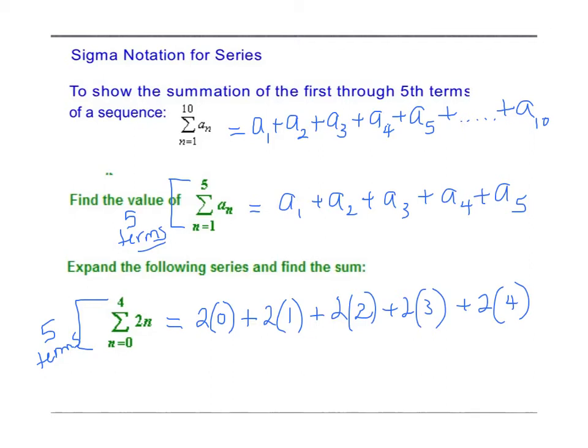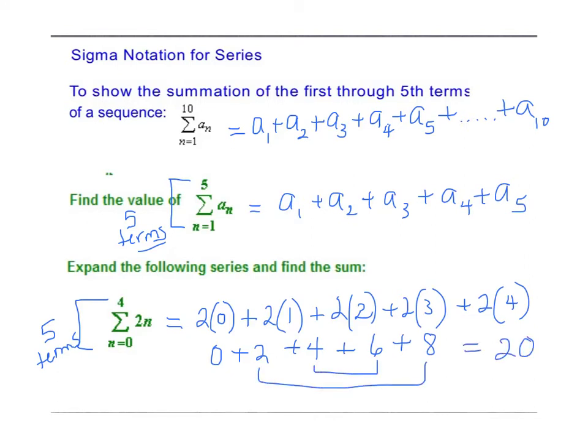You have to be careful, because if you wanted 5 terms, but you said 0 to 5, you're going to get 6 terms. Okay, so this is 0 plus 2 plus 4 plus 6 plus 8. This is 10, so is this, so this equals 20.